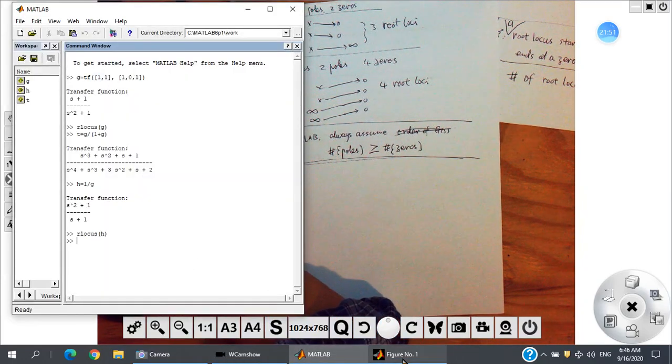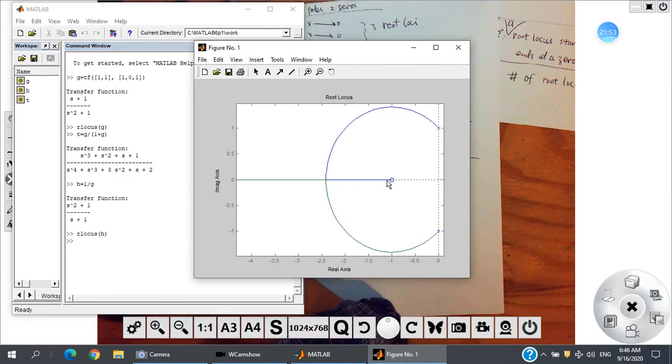For this one, here we have one example, right? We have one path going to infinity. If we only have one branch going to infinity, it must go along the negative real axis.